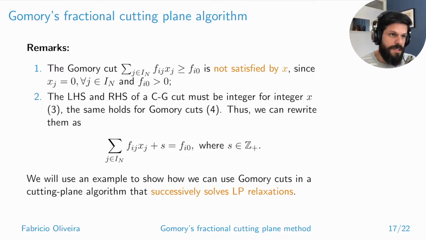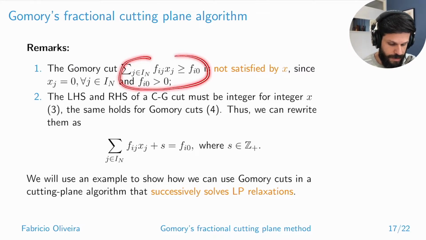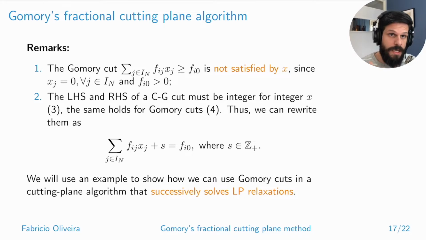So some remarks here. Like I was saying, this is not satisfied because this is strictly greater than 0, and this is going to be 0 at the current point. So you are separating the solution of the linear relaxation from the actual feasible region, or you are cutting it out at least.